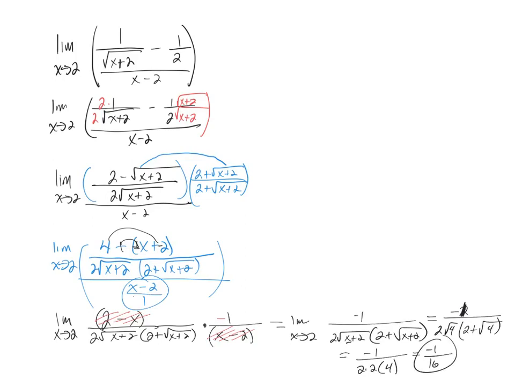So what that tells you is this function, had we graphed that function right up there, written as it is, say on TI or on Good Grapher, and we looked at the y values as x got close to 2, we would have seen those y values getting arbitrarily close to negative 1/16. However, at the point x equals 2, we'd be looking at a hole in the graph there.